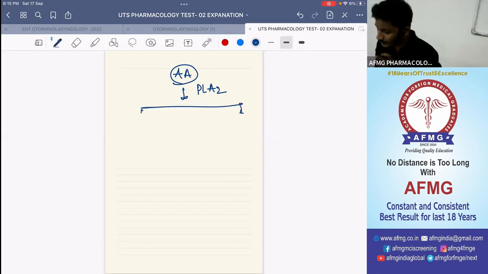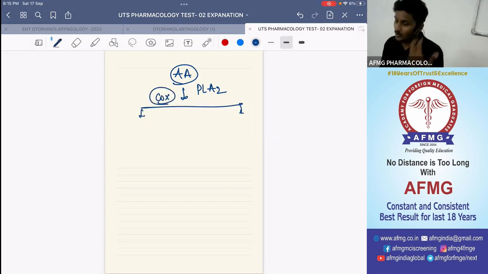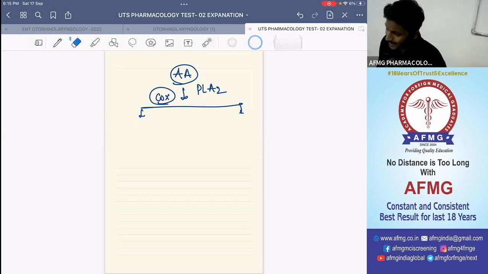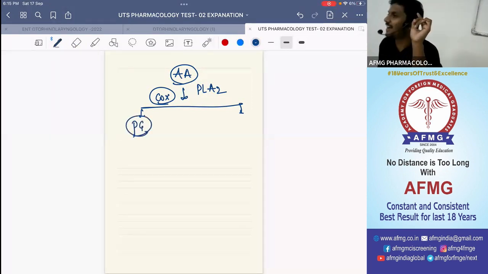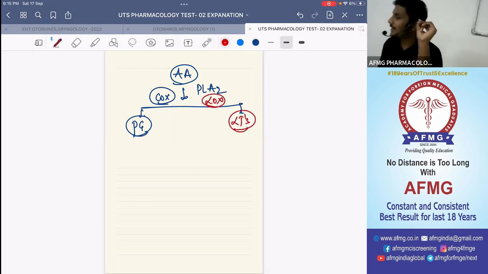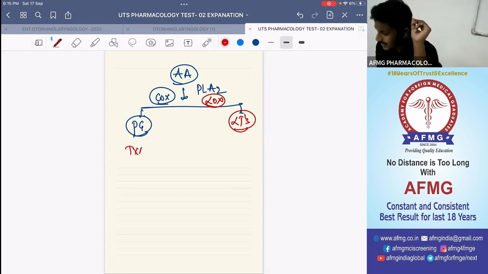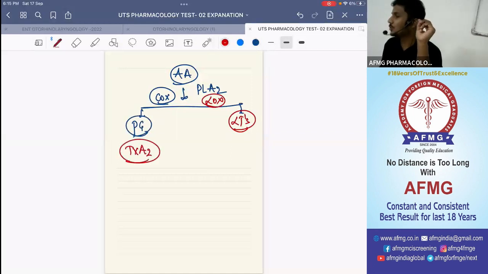If it is acted upon by cyclooxygenase, it would be converted to prostaglandins. And if it is acted upon by LOX, lipoxygenase, then it would be converted to leukotrienes.